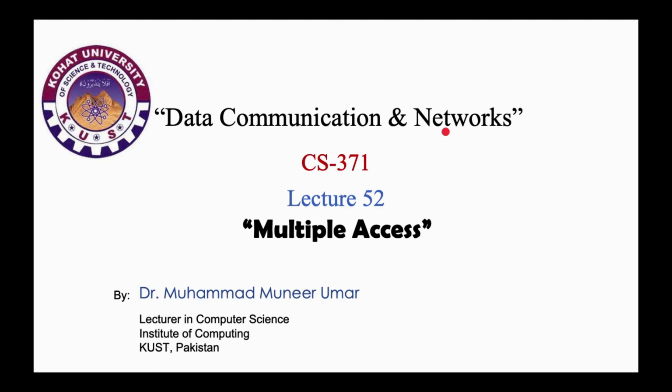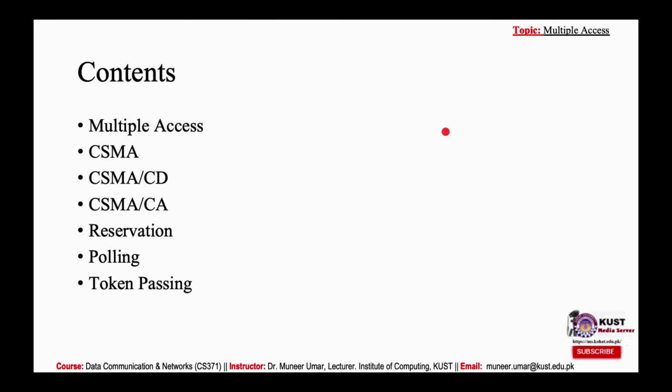Today we will be studying multiple access protocols in this lecture. The main contents of our today's lecture are multiple access. We will know the basic concept about the multiple access, having some examples. Then we have some protocols to be studied. We have CSMA, Carrier Sense Multiple Access, CSMA-CD, Carrier Sense Multiple Access Collision Detection, then CSMA-CA, Carrier Sense Multiple Access Collision Avoidance.